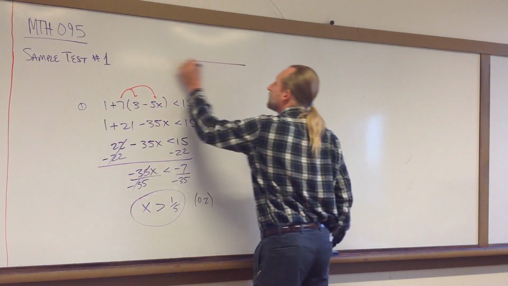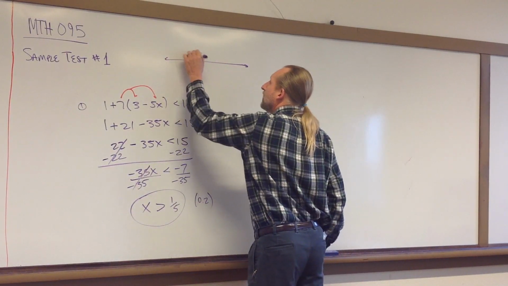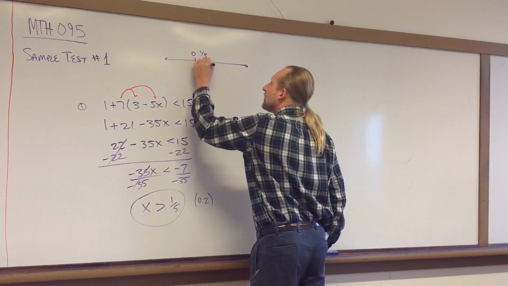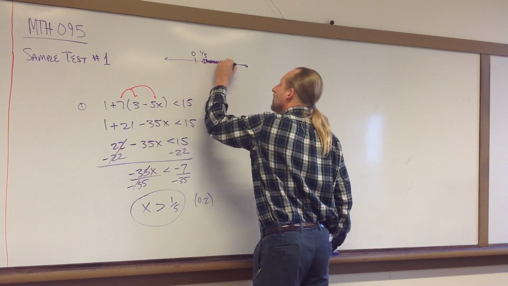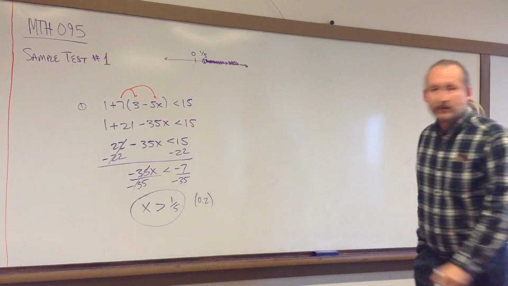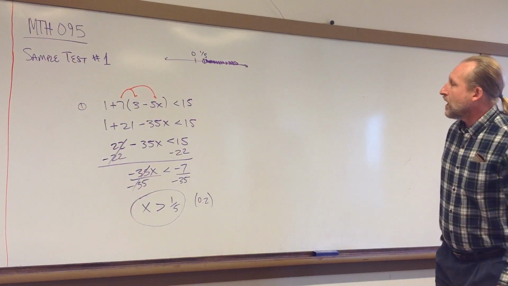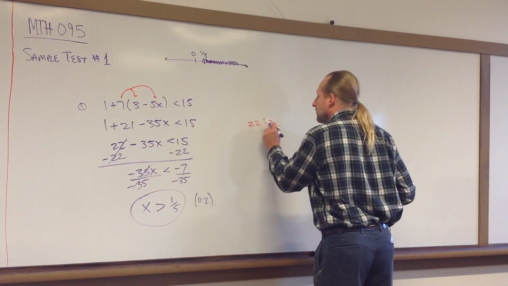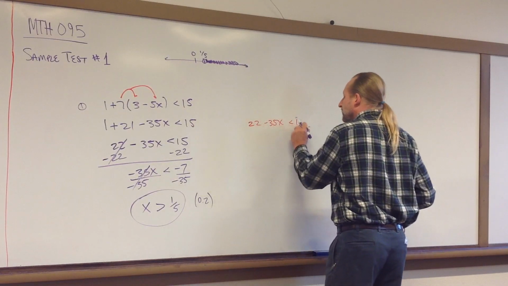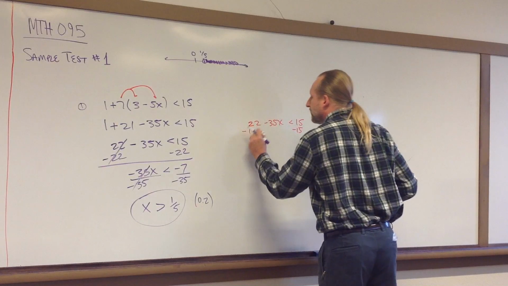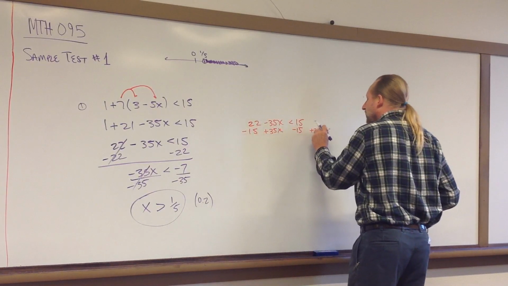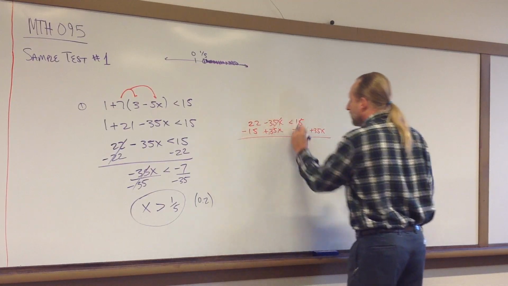And then we want to put this on the number line. You don't have to get too involved in exactly where the 1/5 is. That's good enough, okay? The other thing you can do here, where you've got 22 minus 35x less than 15, subtract the 15 on both sides, and then move the 35x over here.